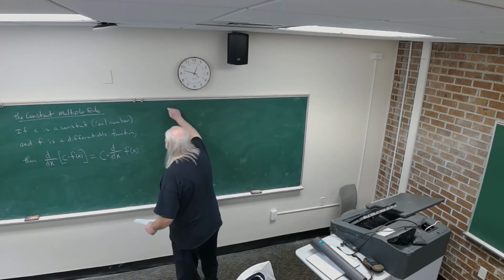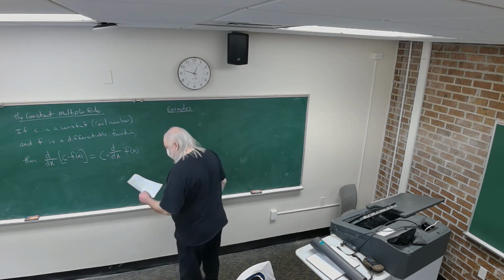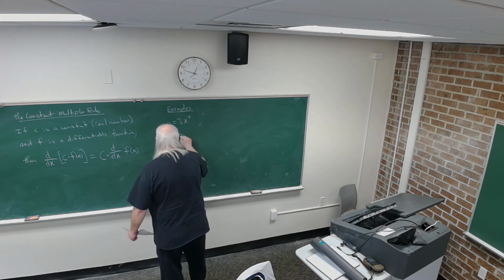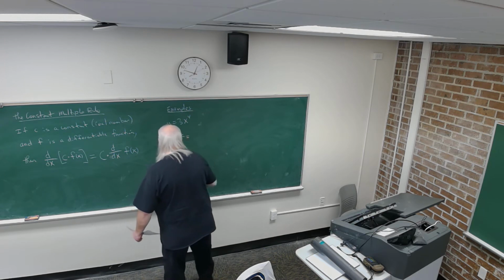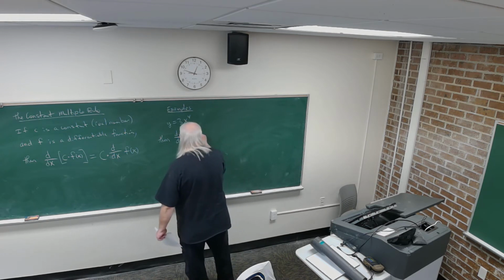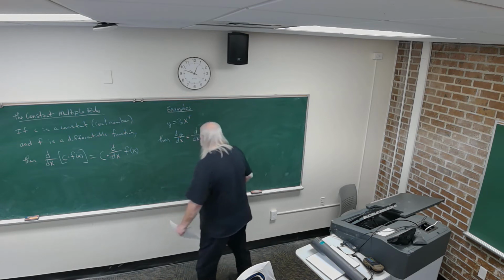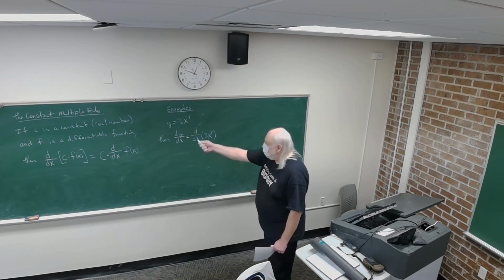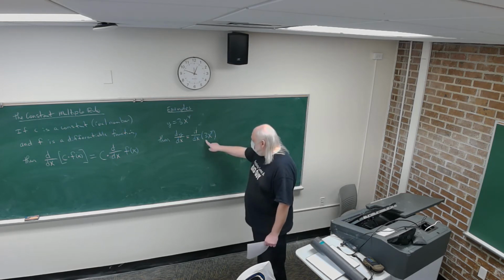So examples. We have y is equal to 3 times x to the 4th. Then the derivative of y with respect to x is equal to the derivative of 3 times x to the 4th. And by the constant multiple rule, 3 is just a multiplicative constant.